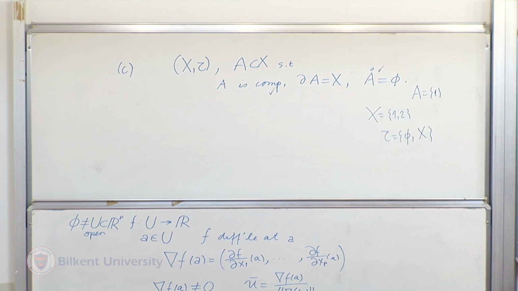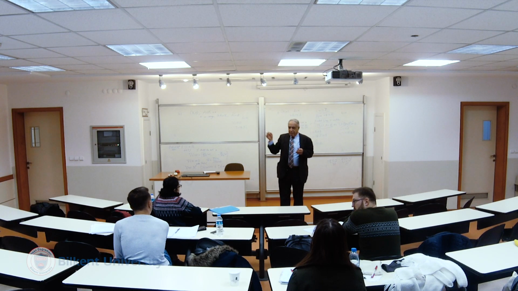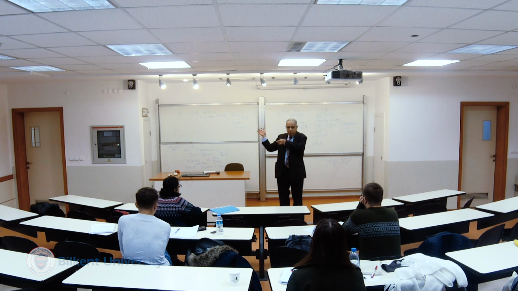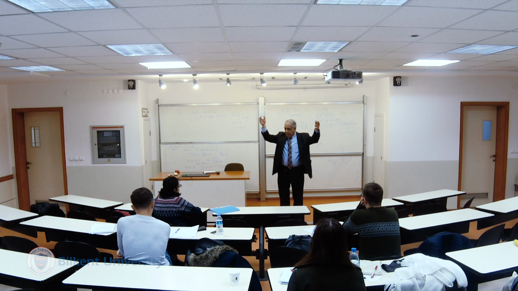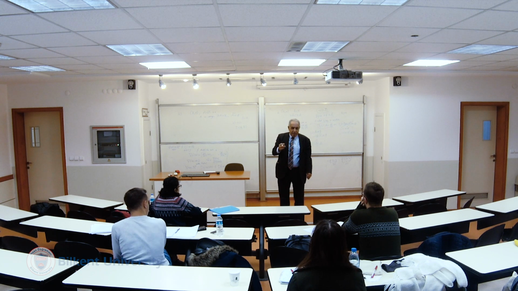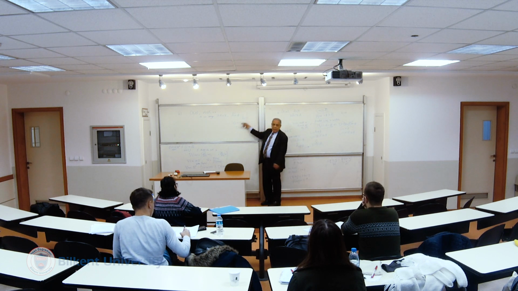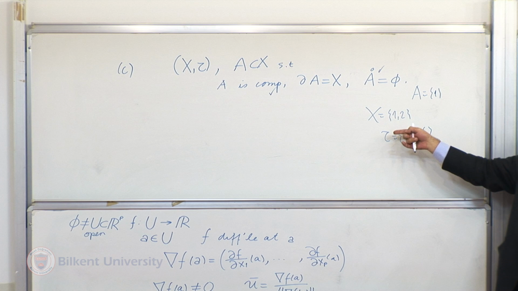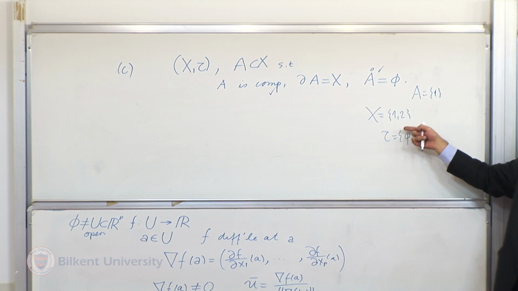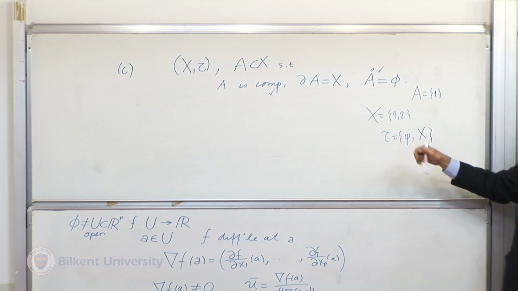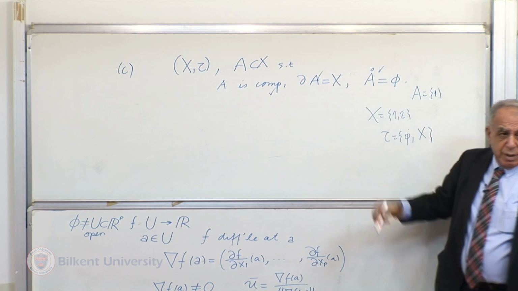Well, since the only neighborhood of either 1 or 2, they both have just one neighborhood, that's X. But X intersects both A and its complement non-emptily, so anything is a boundary point. So this holds as well.